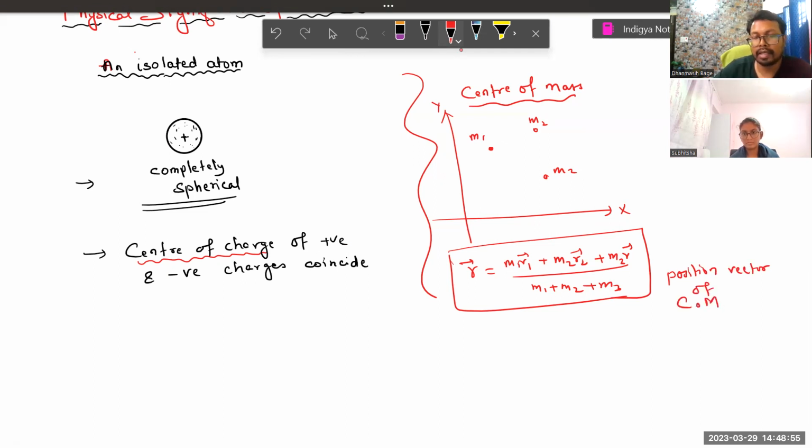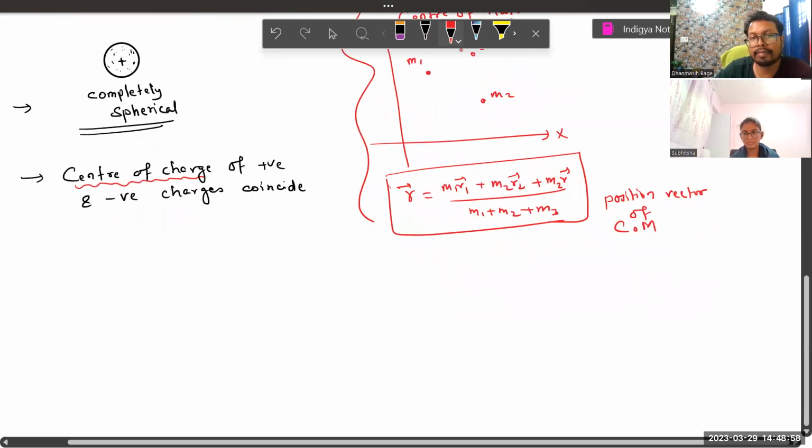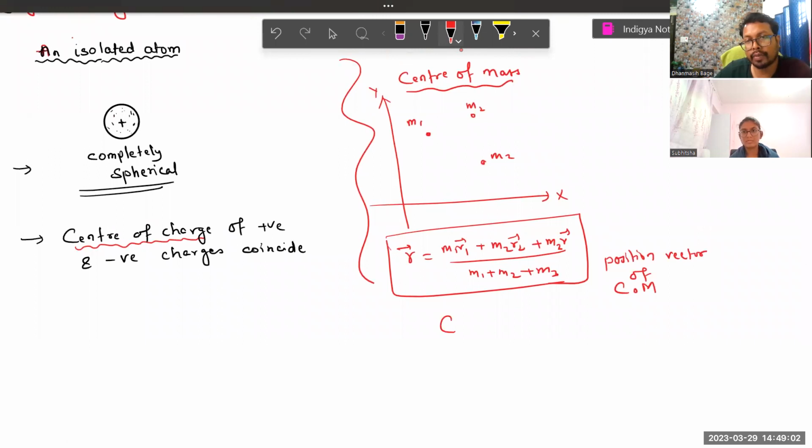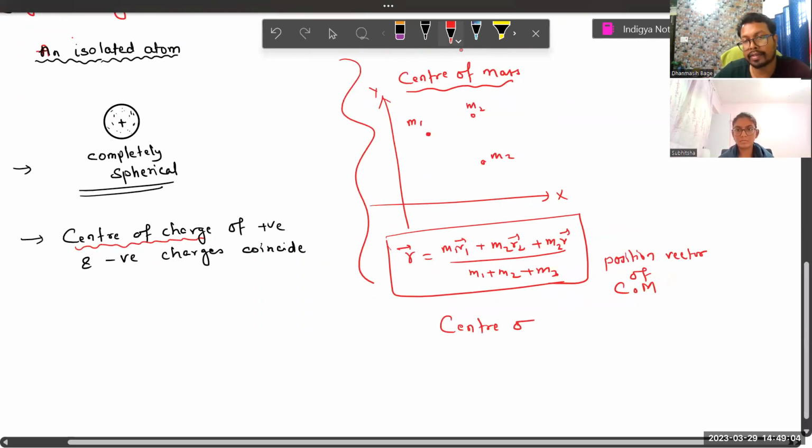Exact same thing. Center of charge will be defined in exactly the same way as center of mass.